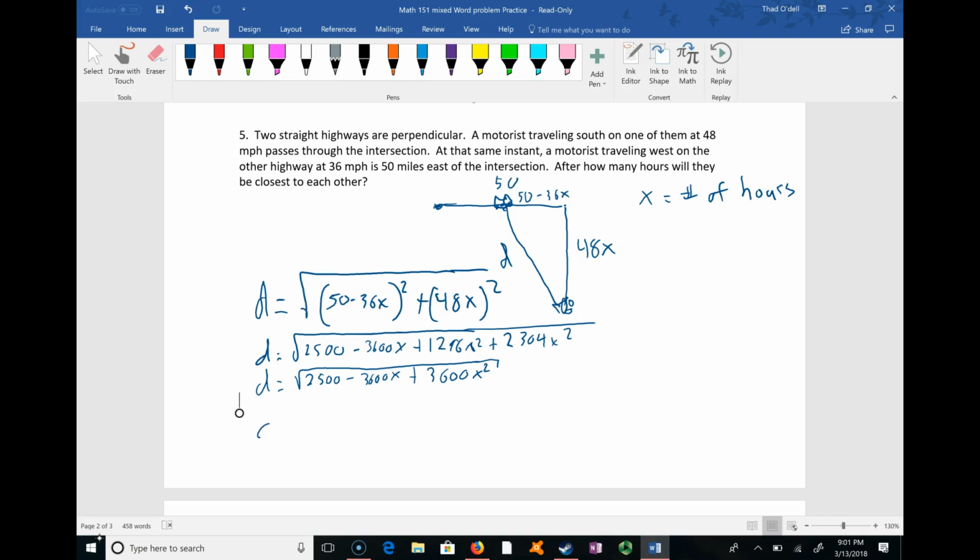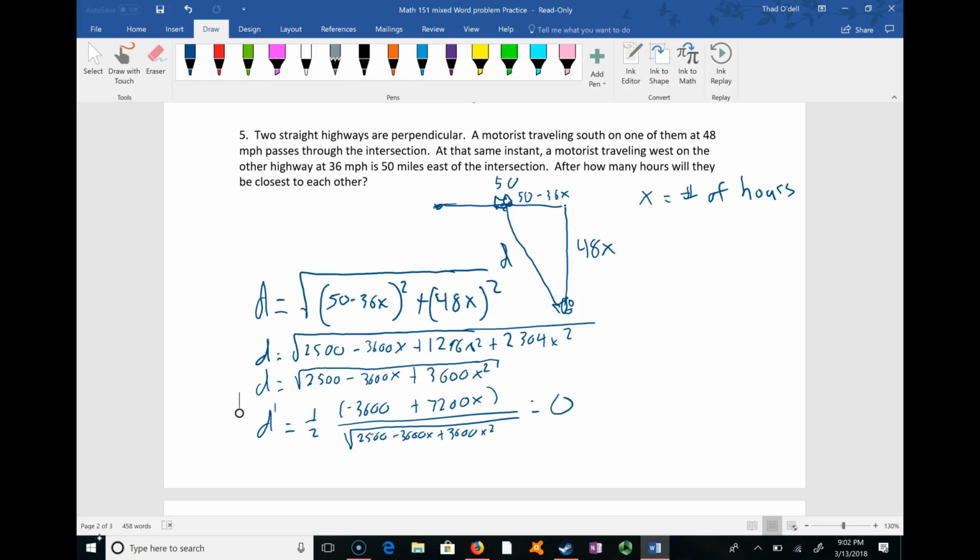Okay, so then we take the derivative. D prime is equal to 1/2 times negative 3600 plus 7200x all over all that stuff, 2500 minus 3600x plus 3600x squared. Set that equal to 0.